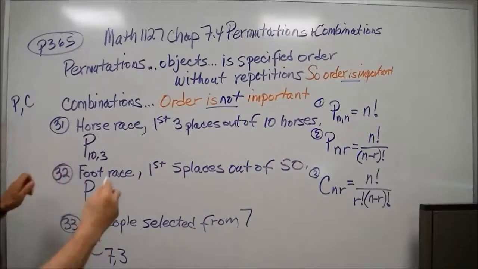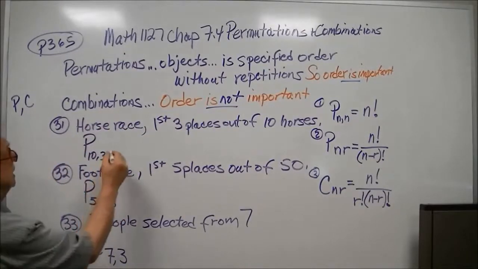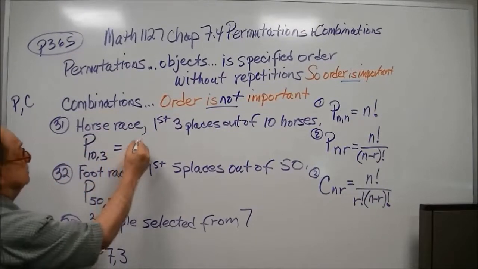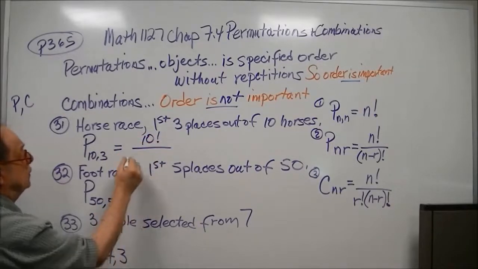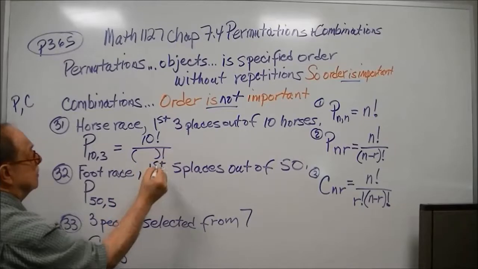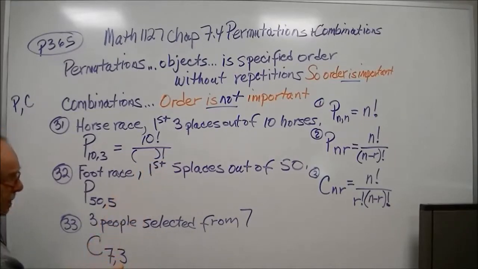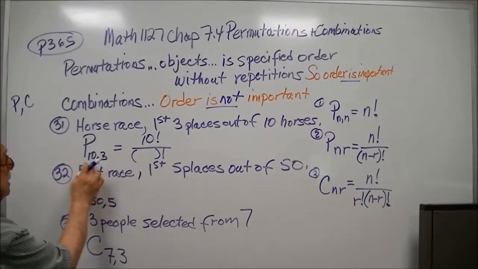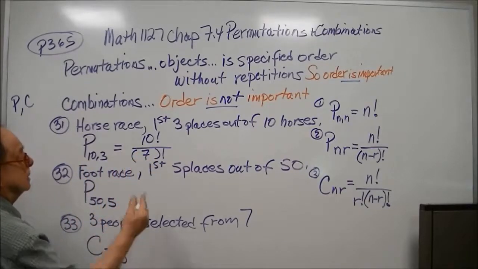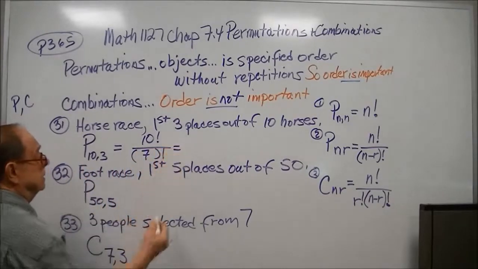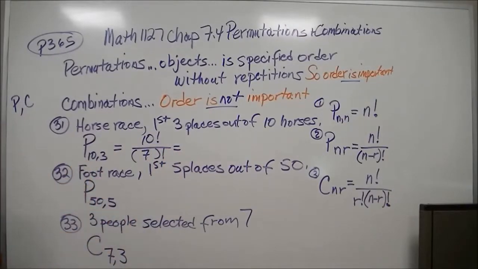For this one, we're going to use the second formula. So this will equal 10 factorial over... Now we can do our subtraction right here. 10 minus 3 is 7. So you put that in your calculator, and I'll do that with you in a moment.